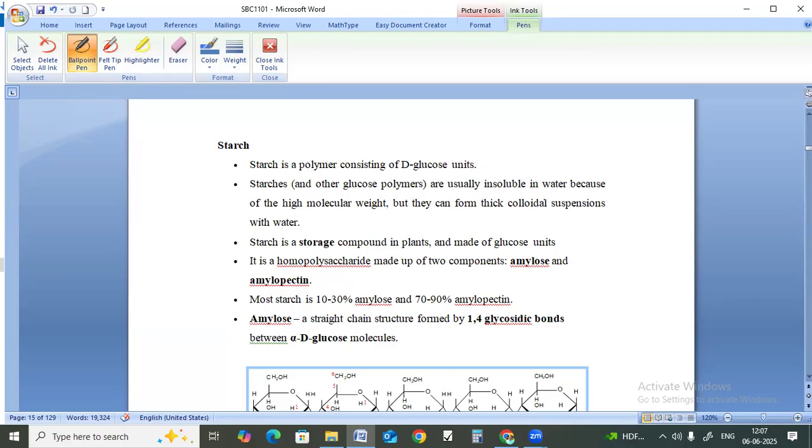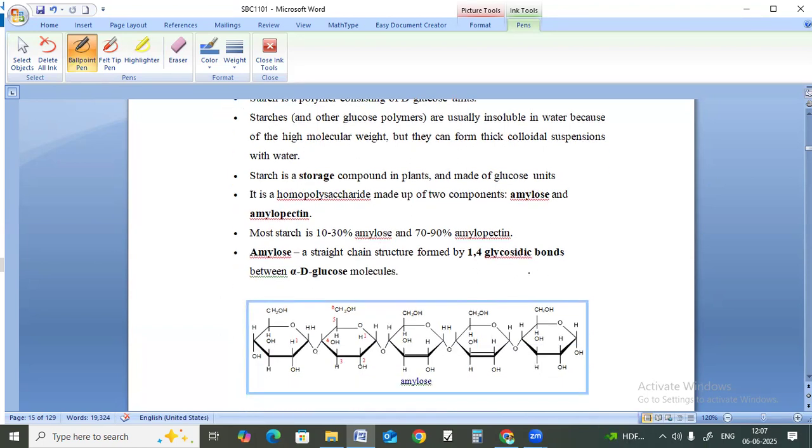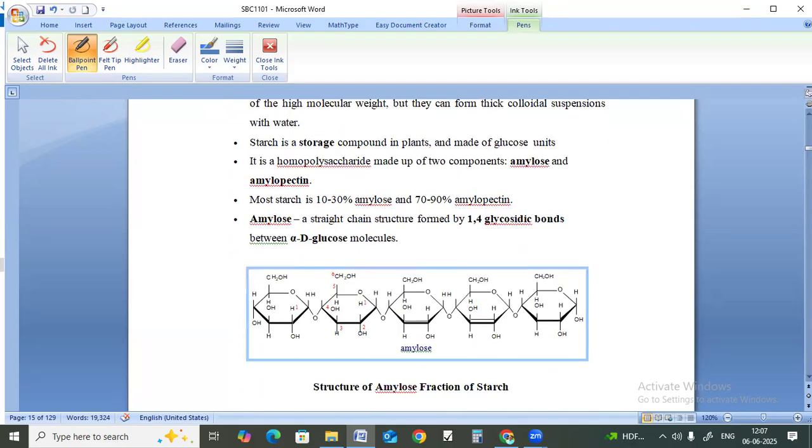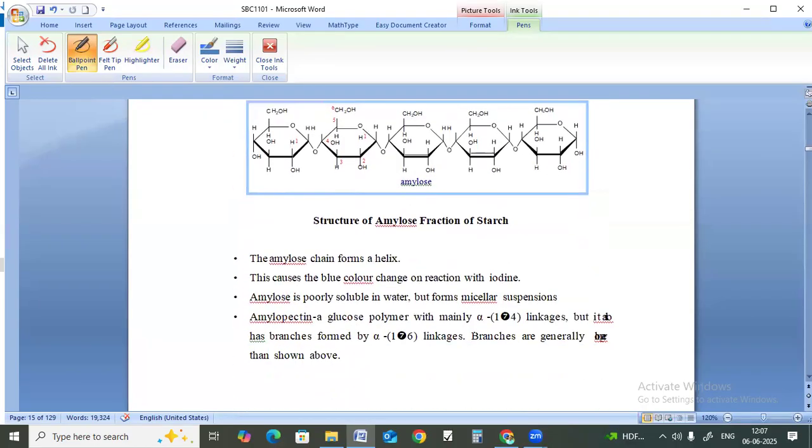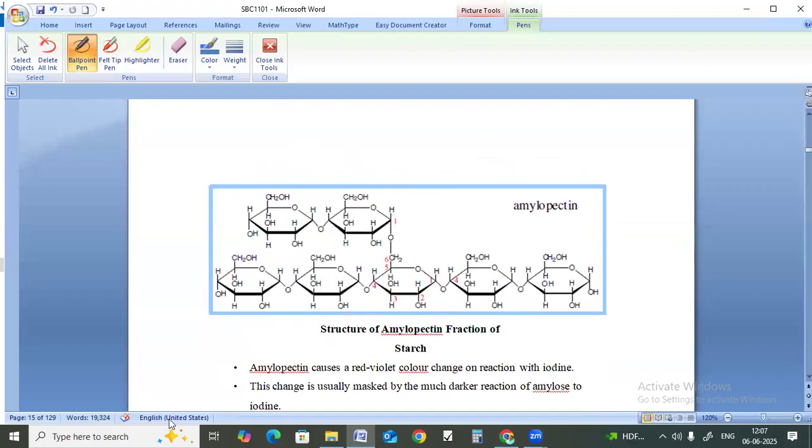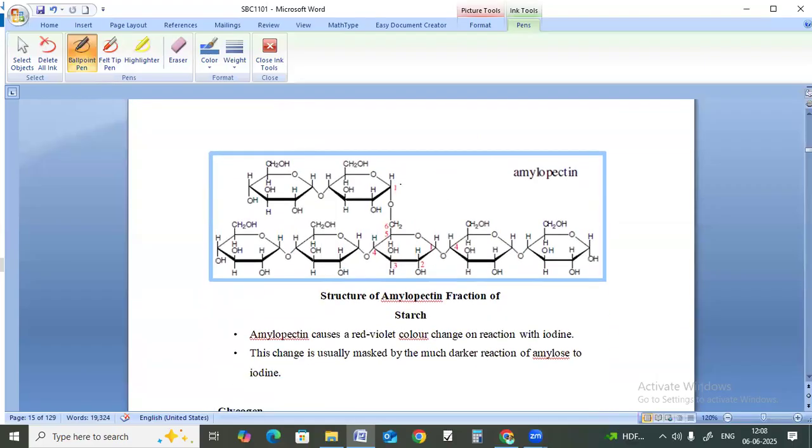Starch is also considered a storage compound, because it is made up of glucose units. It consists of amylose chains and amylopectin chains. Amylose is the straight chain structure formed by alpha-1,4 glycosidic linkages. Whereas amylopectin is the branched structure, linked by the 1 to 6 bond; here this is the first carbon, and this is the sixth.